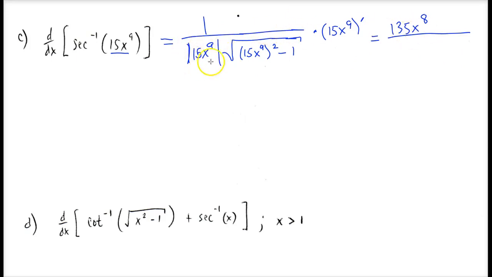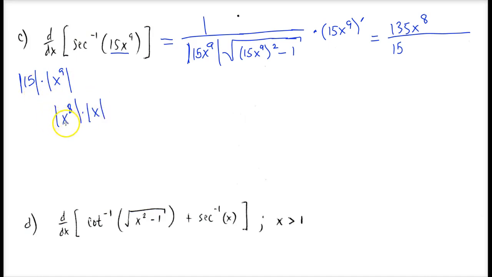What I'm going to do is rewrite this absolute value, and I know that I can split up absolute value of 15 times x raised to the 9 as absolute value of 15 times absolute value of x raised to the 9. And of course, absolute value of 15 is just 15. So I'm just going to write that. And for this x raised to the 9 part, I could rewrite that as absolute value of x to the 8 times absolute value of x.